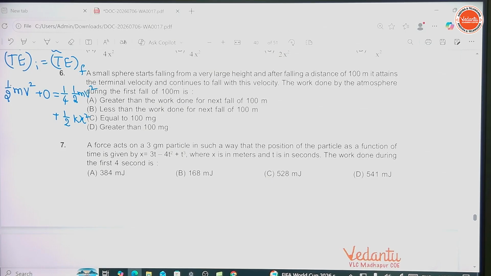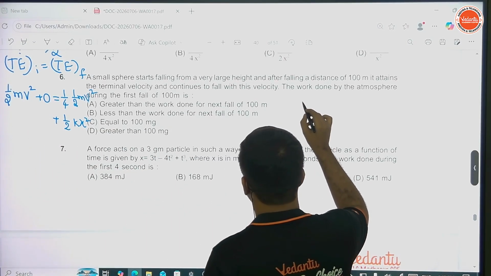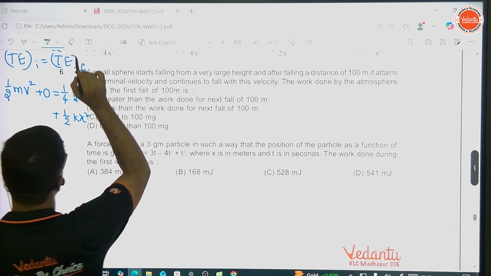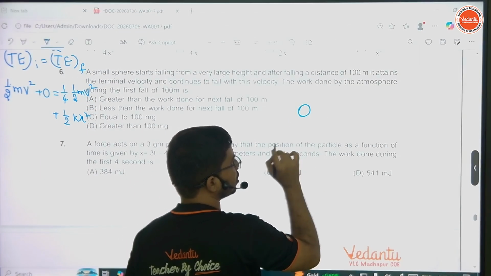Clear, right? So now they're asking what is the work done by the atmosphere during the first 100 meters. How do you get that? When your sphere is in the air, what are all the forces acting on it?